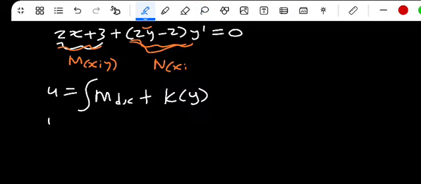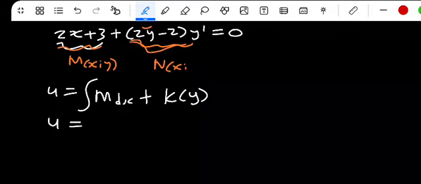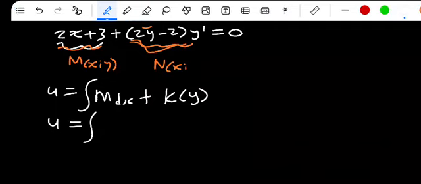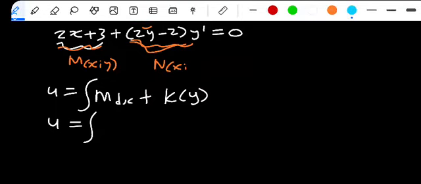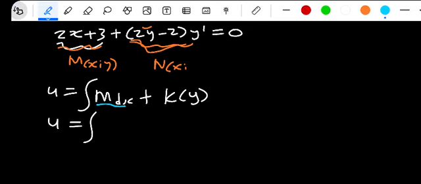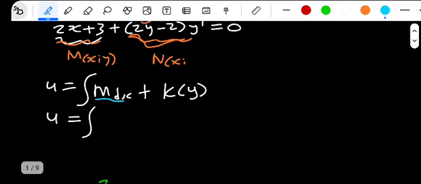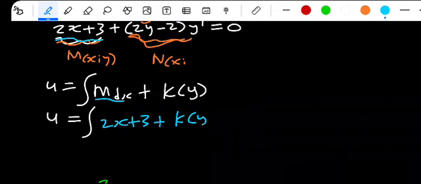So u equals the integral of M, which is 2x + 3, plus some function of y.